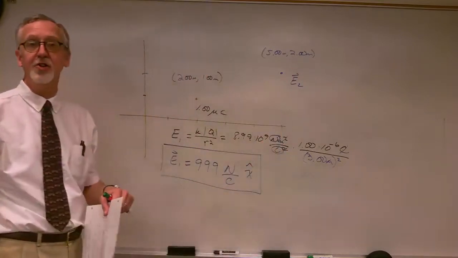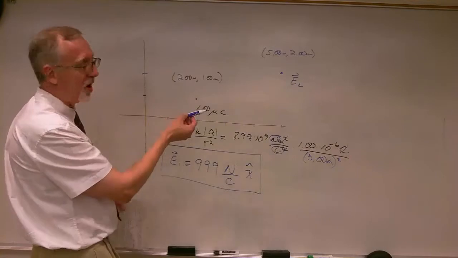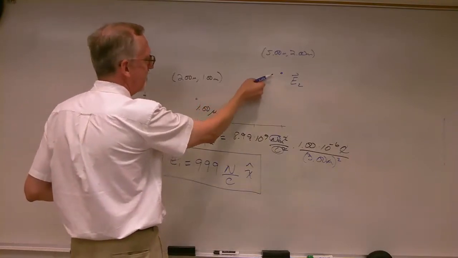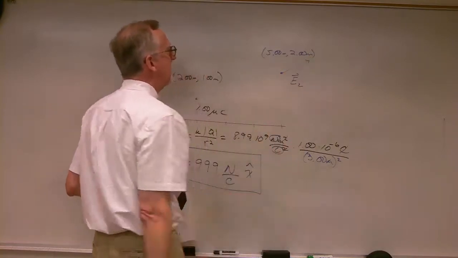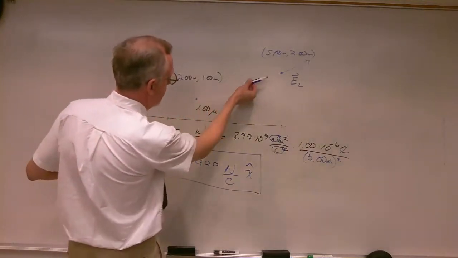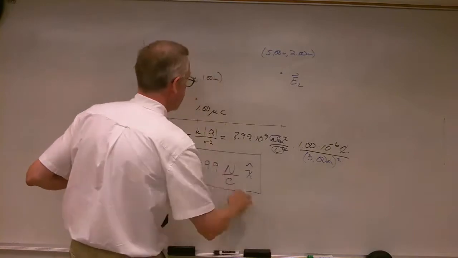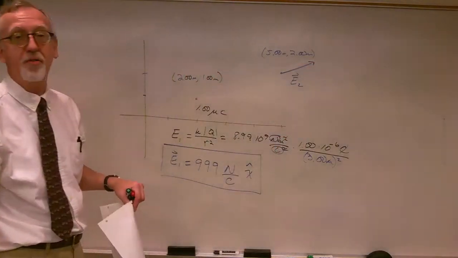So what is E2? Well, we can at least draw this in: the electric field, again, is going to point away from the charge, directly away from the charge, so it's going to look something like that. Well, maybe something a little bit more like that. Okay, directly away from the charge.